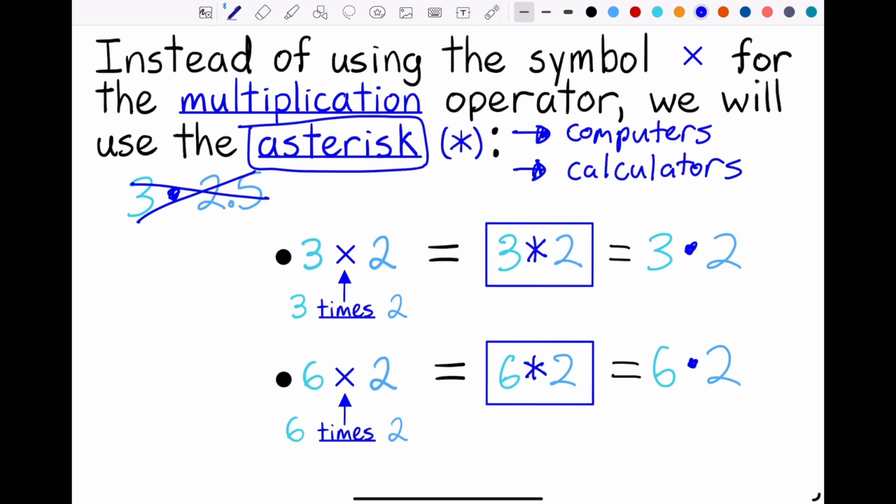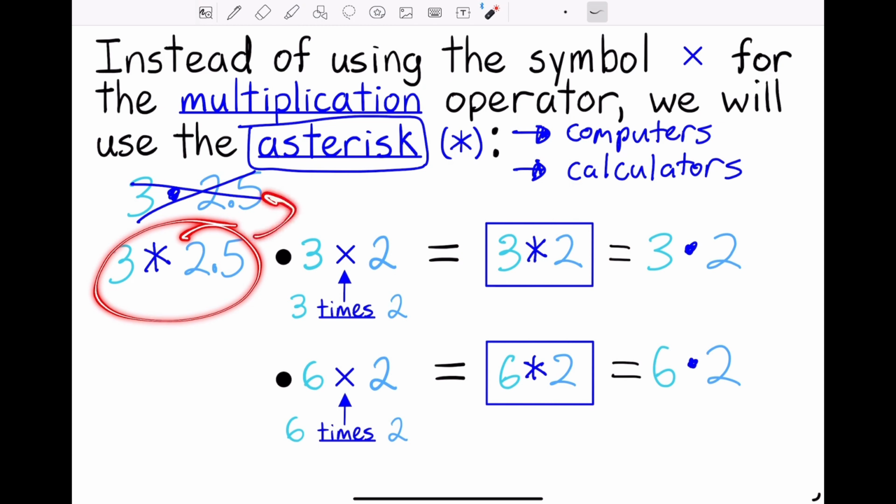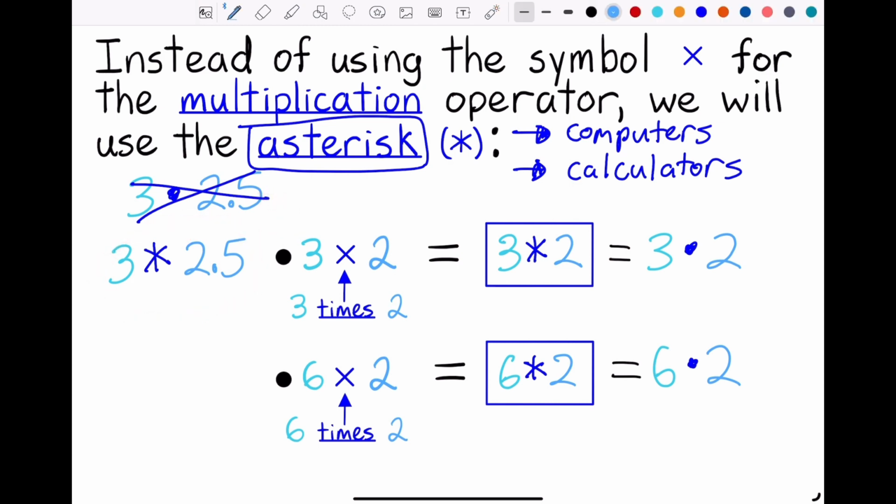Even with decimals, if we have something like 3 times 2.5, when we use the asterisk, it cannot be confused with the decimal point. So this is clearer than when we use the dot. From now on, we're going to use the asterisk instead.